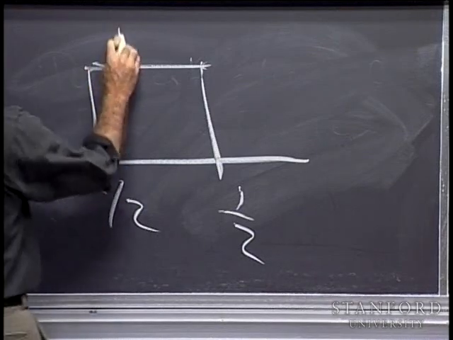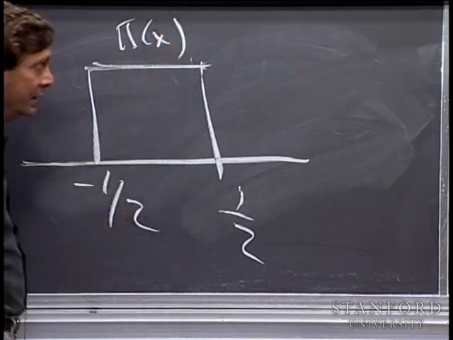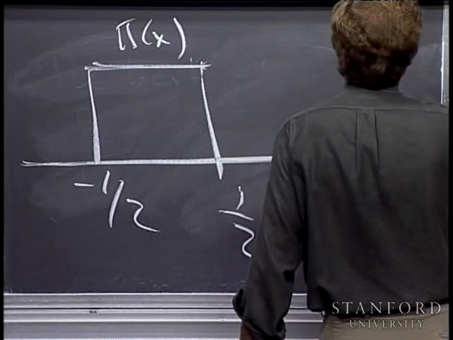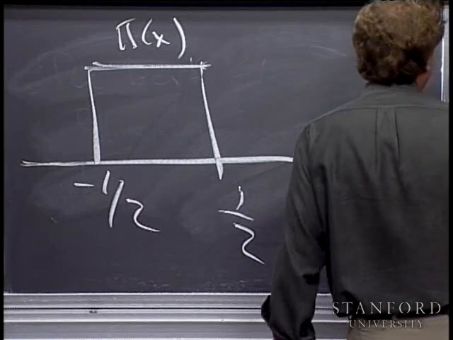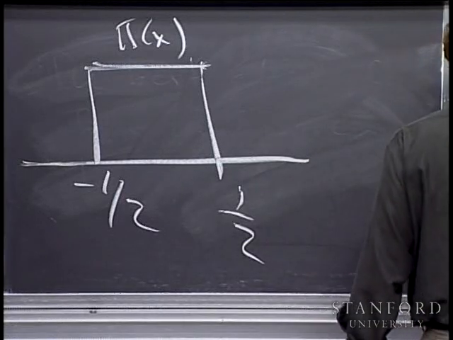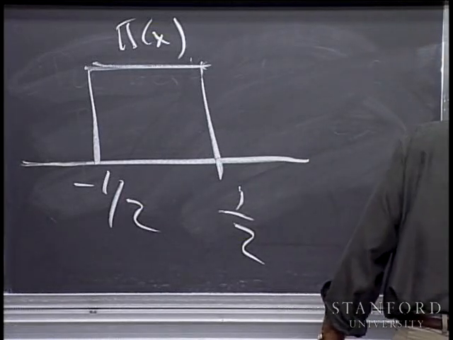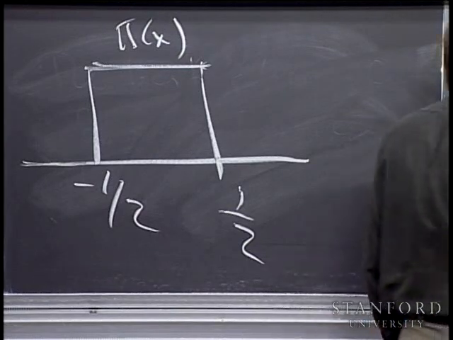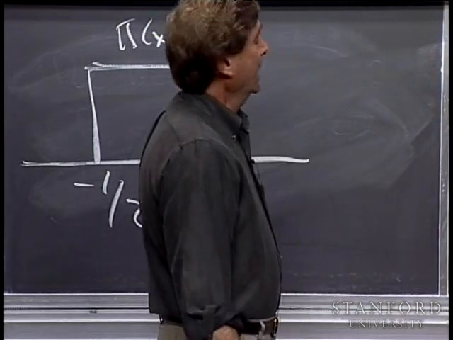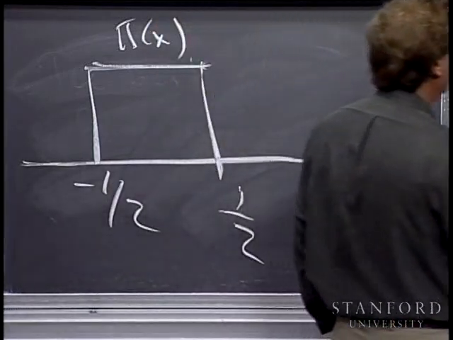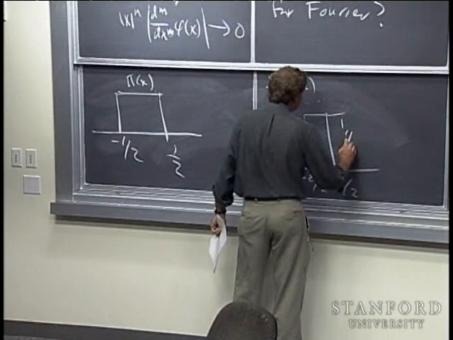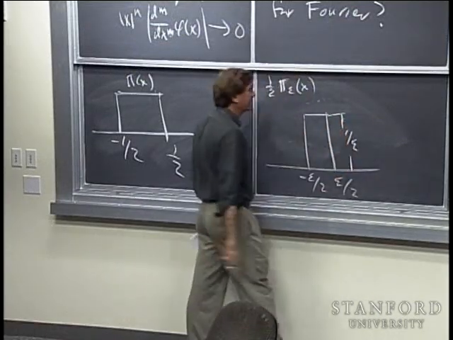That's pi of x. If I scale it, 1 over epsilon pi epsilon of x, that function is 1 from minus epsilon over 2 to epsilon over 2. So again, I'm thinking of epsilon as being small here. And if I multiply by 1 over epsilon, I'm making it large in the vertical direction. So the height is 1 over epsilon. All right, that's what the graph of that looks like.